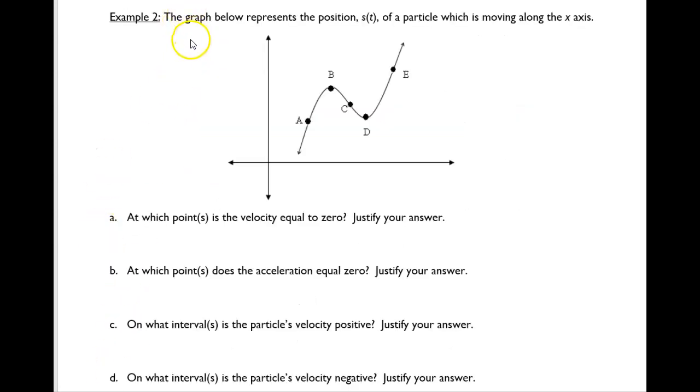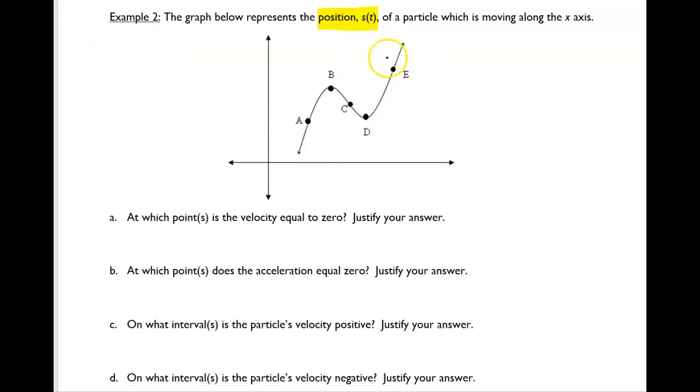So in example 2, we're given the position, s of t, of a particle which is moving along the x-axis. So this is our position graph. Again, it does not mean that my particle is moving along this graph. It just represents my position. So it'd be like this y value is 3, so I'm at 3, and then 4, and then maybe 5, and then down at 4, etc. And we'll be working with those more.